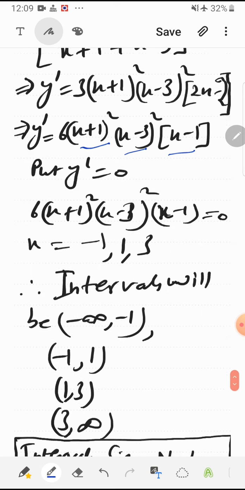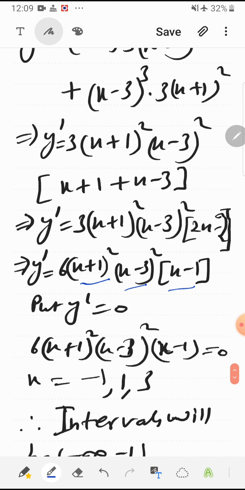And the reason is also very logical, because these three intervals, being whole square, do not have a hold on the positivity and negativity of the derivative. Rather, this bracket is the decider, x minus 1.